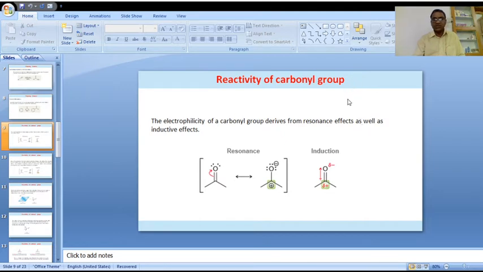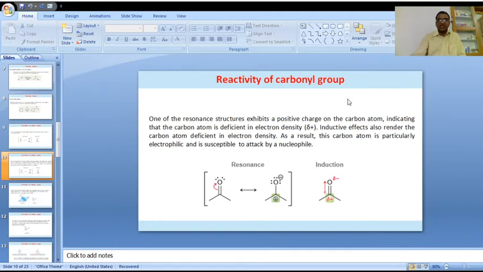Based on these two effects, resonance and inductive effect, we observe these resonance structures. What happens in the reactivity, we will discuss in the next slide.